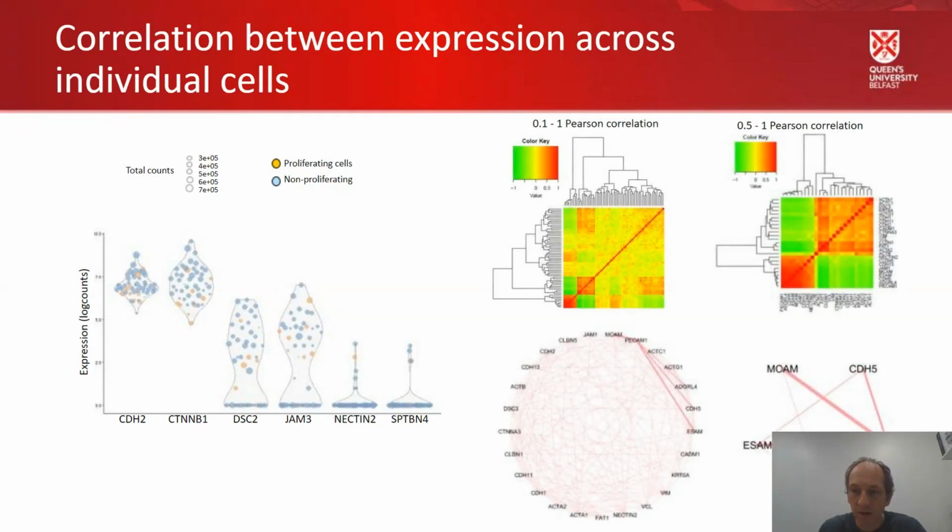So what the correlation on the right is showing us for the barrier genes is which genes are expressed in the same pattern together between different cells. So what genes are low in some cells and then high in another cell and so on. So follow the same expression pattern. We can see when we look at the most highly correlated genes on the very top right of the slide, you see that red square.